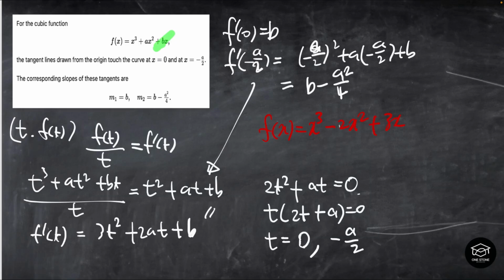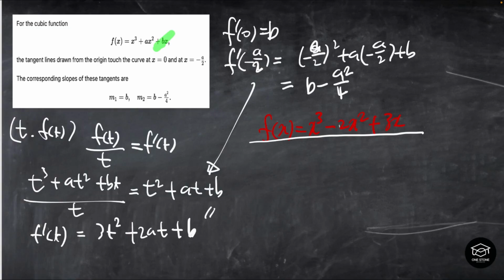Now let's apply this general formula to a specific example. Take the function f of x equals x cubed minus 2x squared plus 3x. Here a is negative 2 and b is 3. The first slope is just b, which is 3.